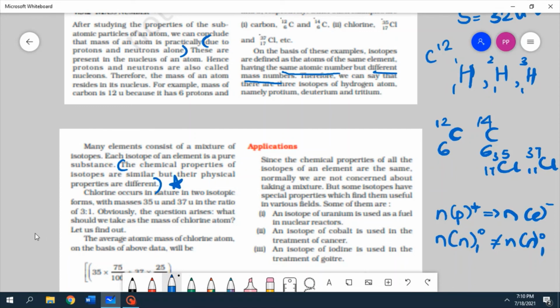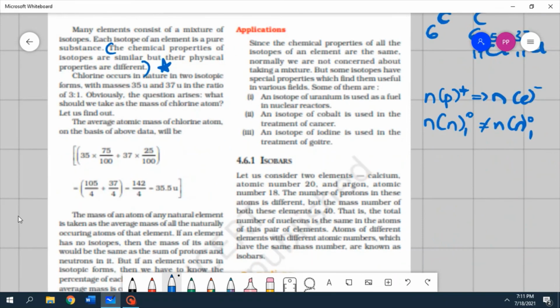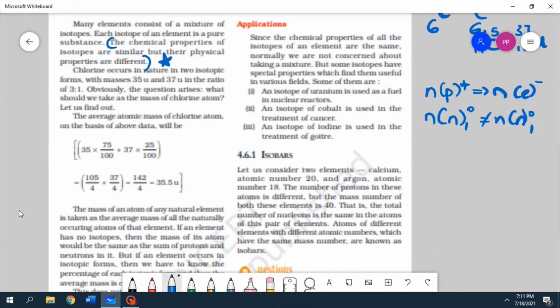So how do we find the mass of a chlorine atom? We just average the masses of the isotopes based on the percentage of occurrence. So let's say the chlorine-35 isotope occurs 75% of the time, and the chlorine-37 isotope occurs only 25% of the time.